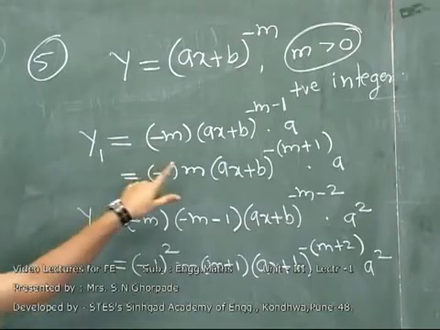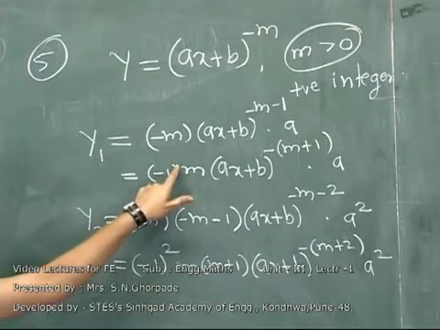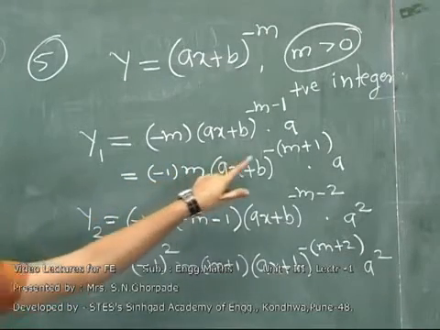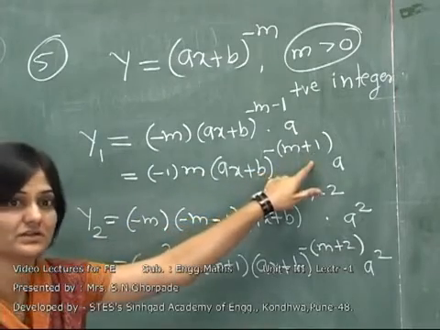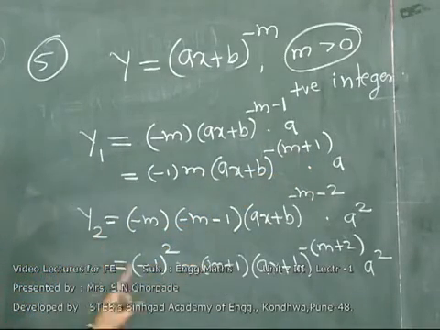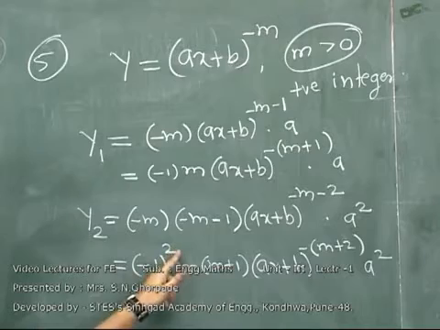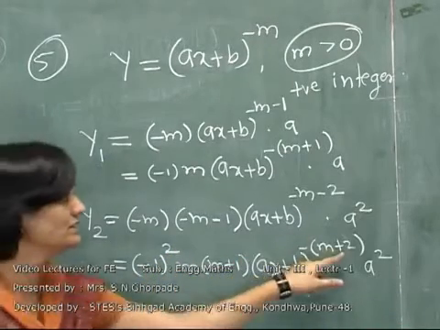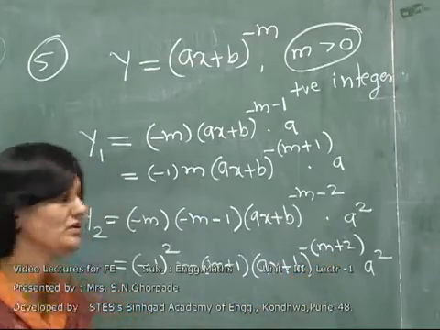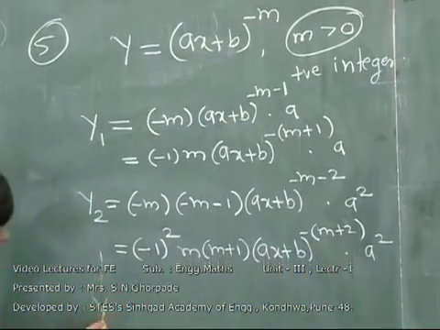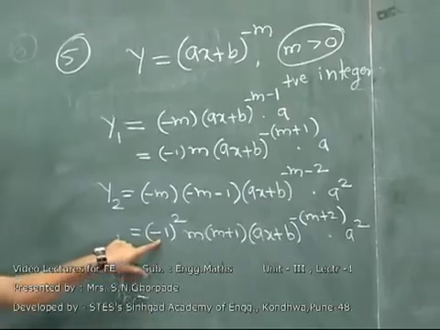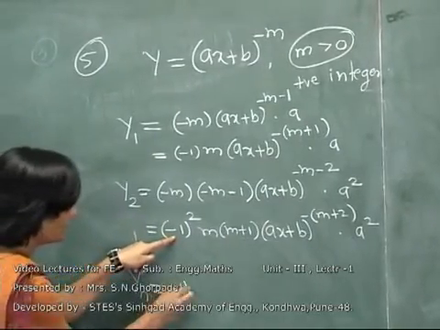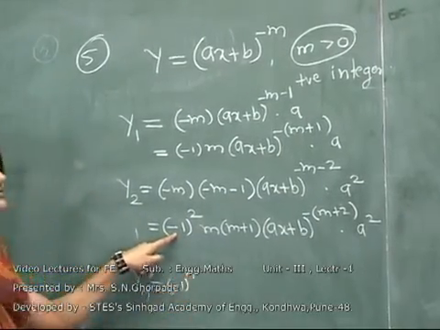For y1, minus 1 raised to 1, m, and here it is m plus 1. For y2, minus 1 raised to 2, m and m plus 1. Here it is m plus 2. Hence, yn will be, this term will become minus 1 raised to n.